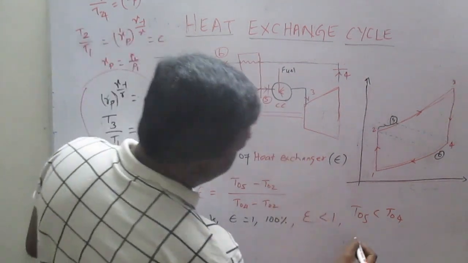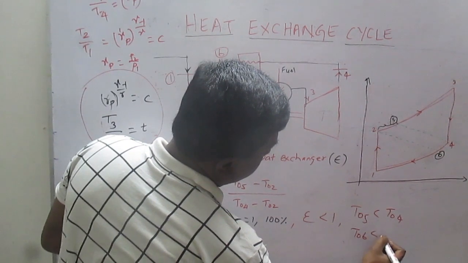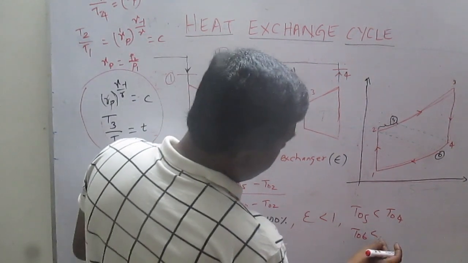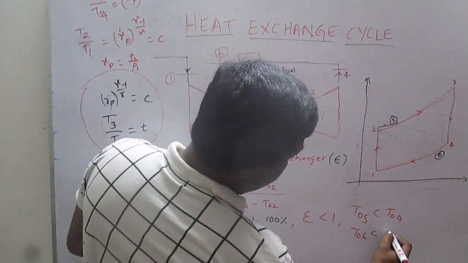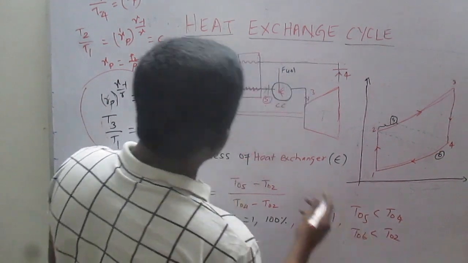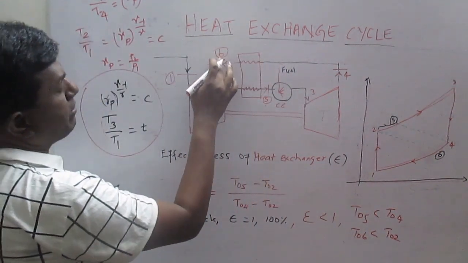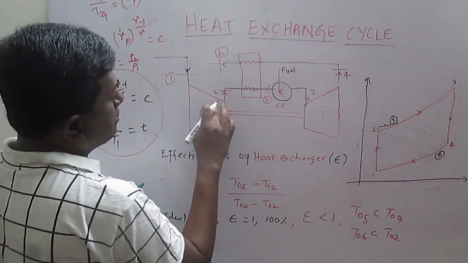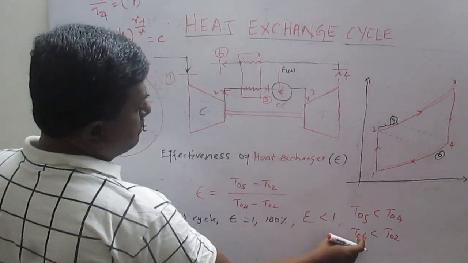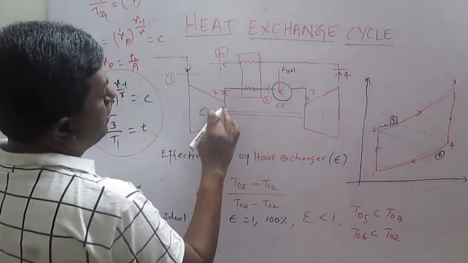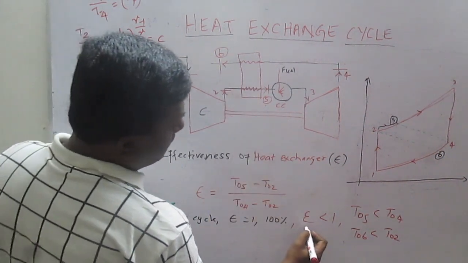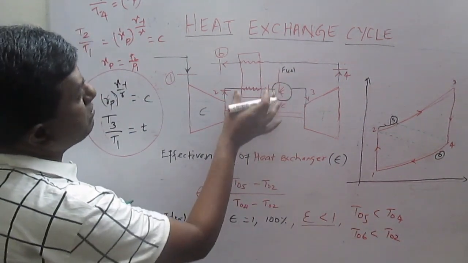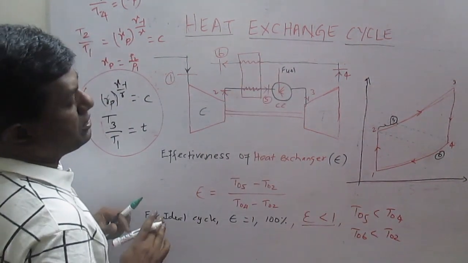Another condition is that T06 is less than T02. In both these conditions, heat transfer will be taking place because of the presence of the heat exchanger.